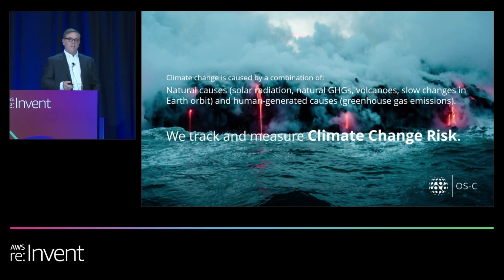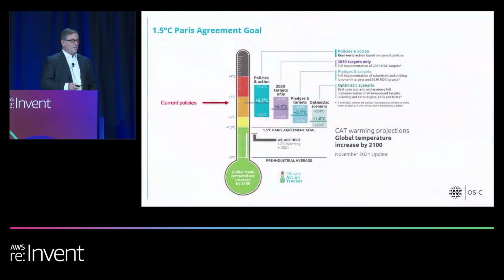So to do this, OS Climate actually collects, aligns, and tracks all of the data that we can that's climate related. And what that means is that we take all the data and we align it to the Paris Agreement. If you're not familiar, the Paris Agreement's a legally binding international treaty that was signed by 196 parties at COP21 in Paris in 2015.